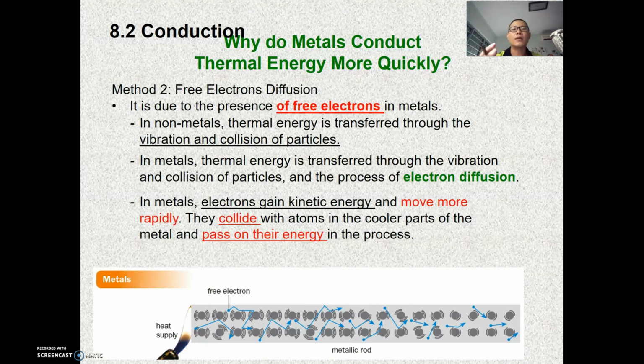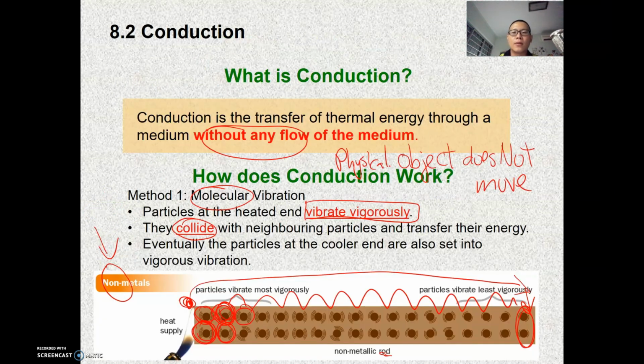Besides non-metal, we have metal objects. So what happens for conduction in metal objects? Take note, there's a distinction for conduction in solids. In this case, we are dealing with solids, which are primarily metal and non-metal. Non-metal here includes solid non-metal.